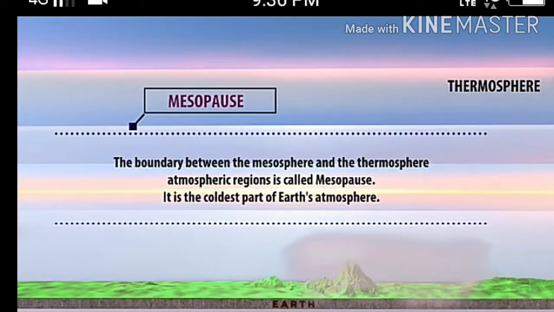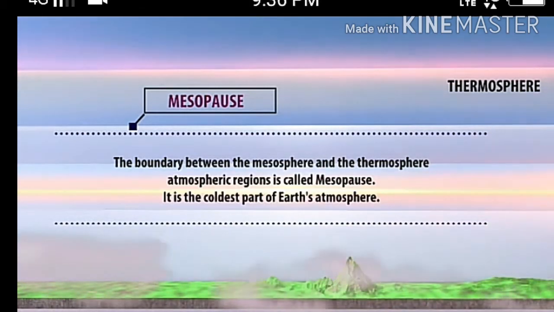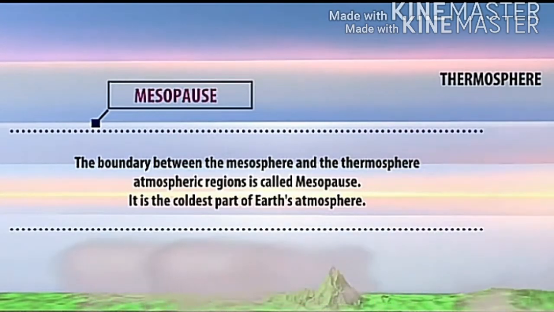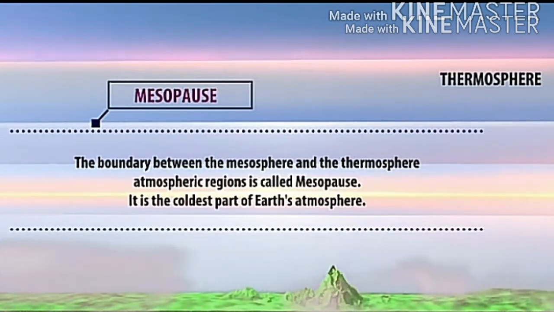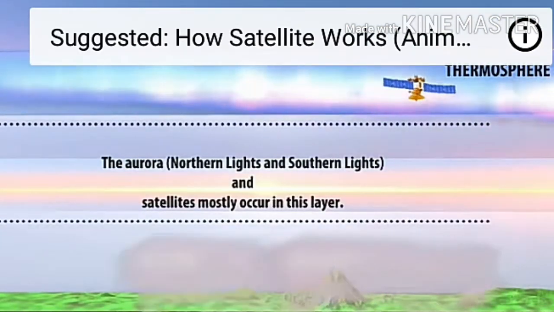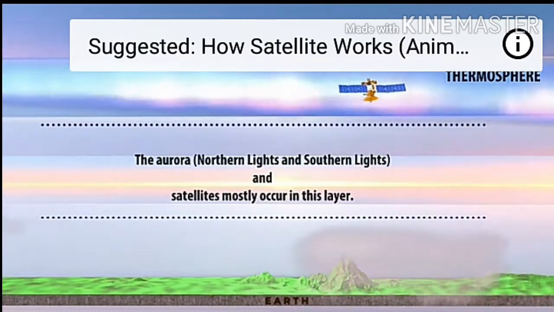The boundary between the mesosphere and the thermosphere is called the mesopause. It is the coldest part of Earth's atmosphere. The aurora, northern lights and southern lights, and satellites mostly occur in this layer.